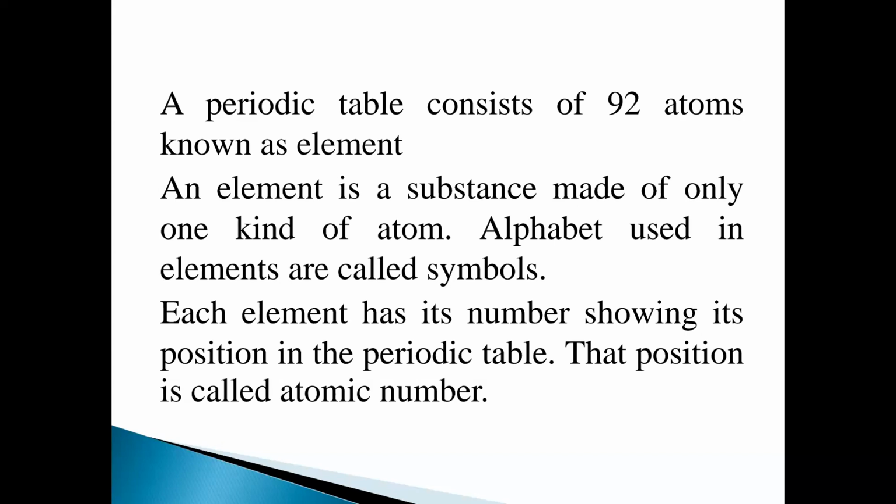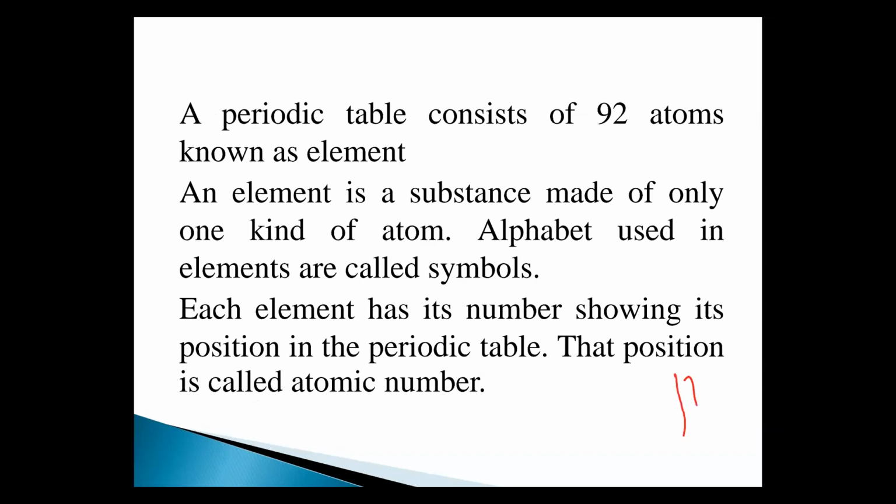That alphabet is not just an alphabet, it's symbols, they are representations. For hydrogen, they use H, right? For calcium, they use Ca, right? For magnesium, they use Mg, right? That's what I was saying.